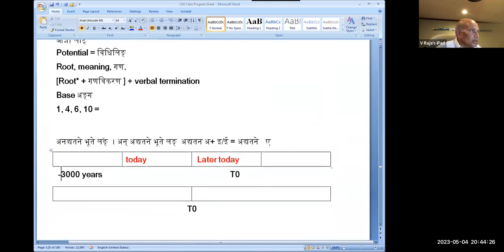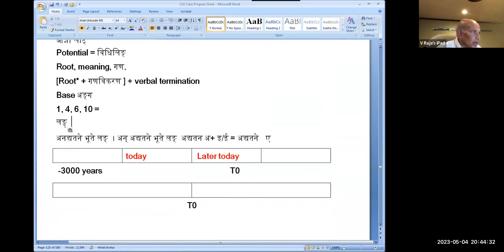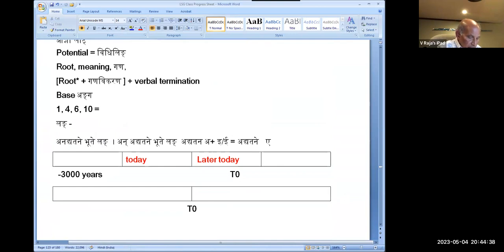What we are doing is lung lakara. This is adyatana bhute lung, and this is the simple thing.